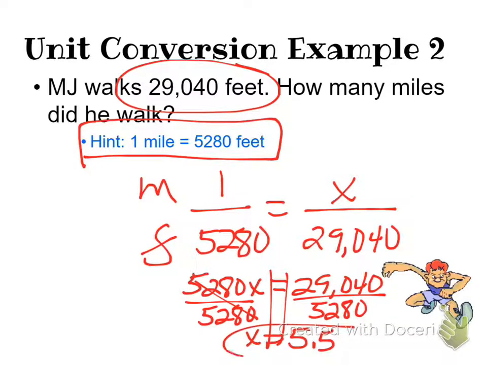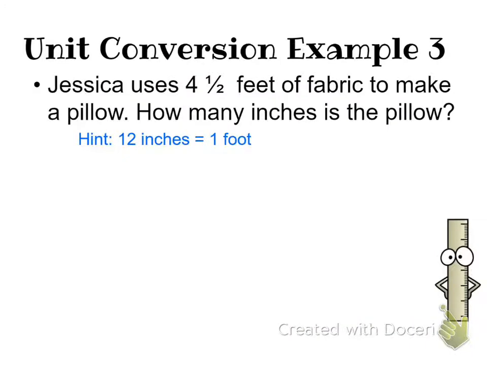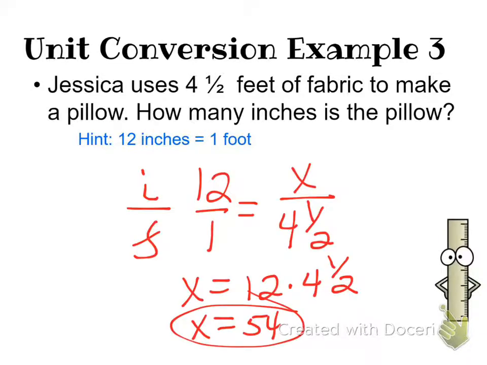Very good. All right, go ahead and work this one out real quickly without my help. Set it up, solve it. Okay, so remember, you can solve it either way as long as you get the answer.